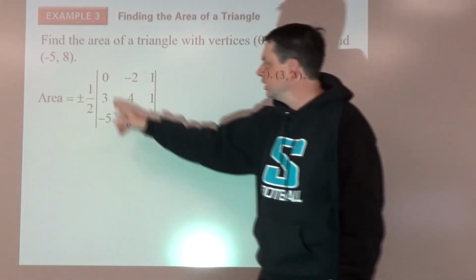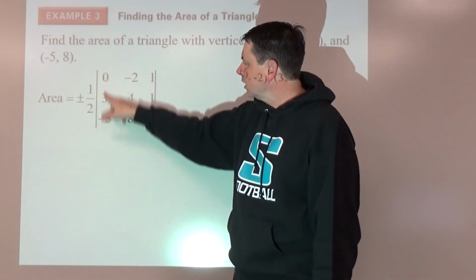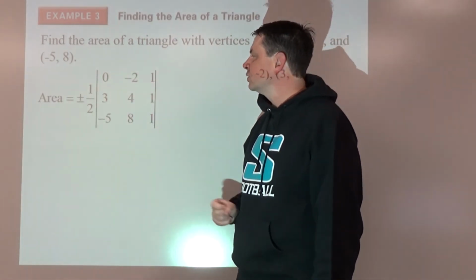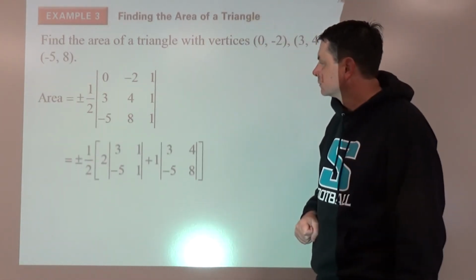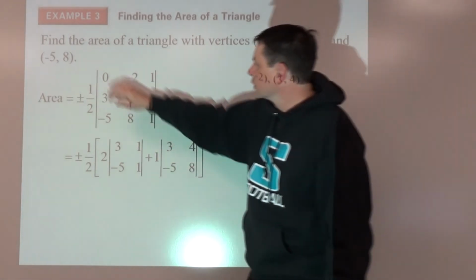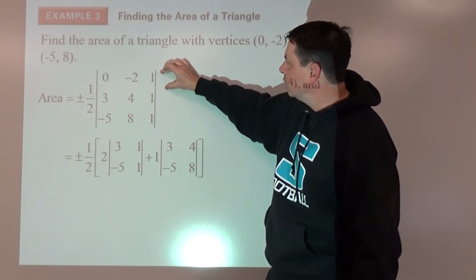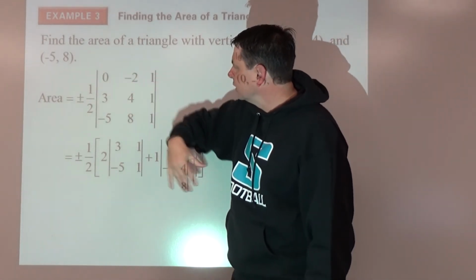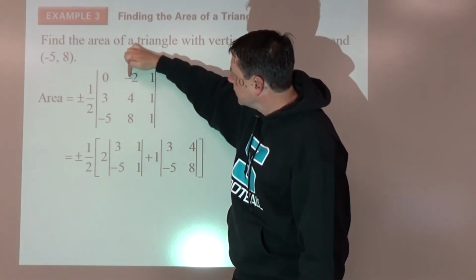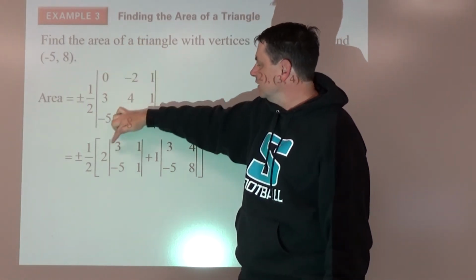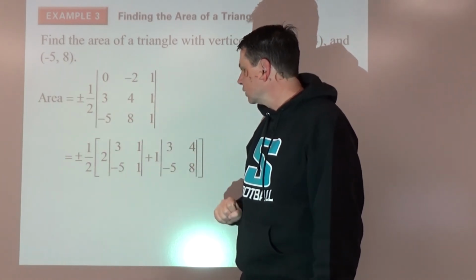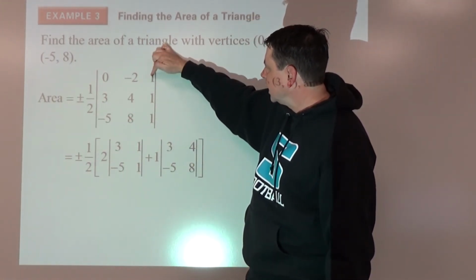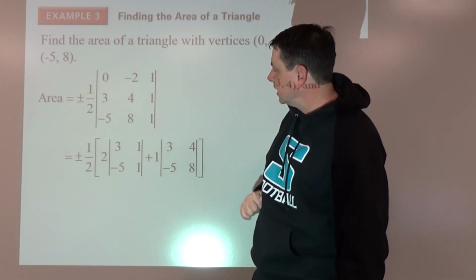So we're definitely going to choose a row or column here to expand by. Let's go first row. So 0, don't have to worry about that one. Plus, minus, so minus negative 2 becomes 2. 3, 1, negative 5, 1 is what's left. Positive on the sign chart, plus 1 times.